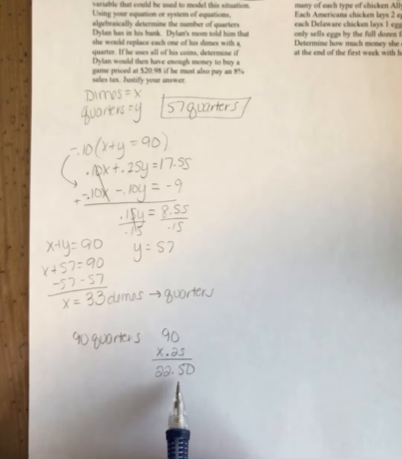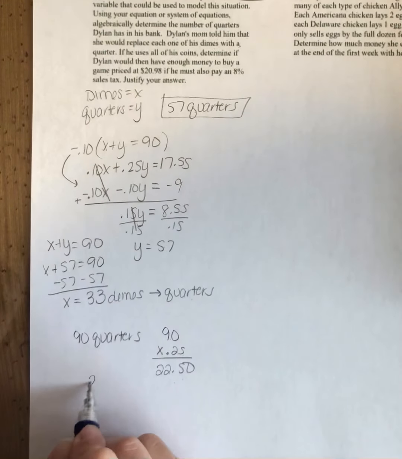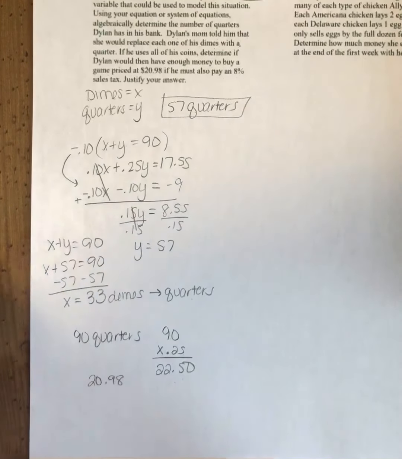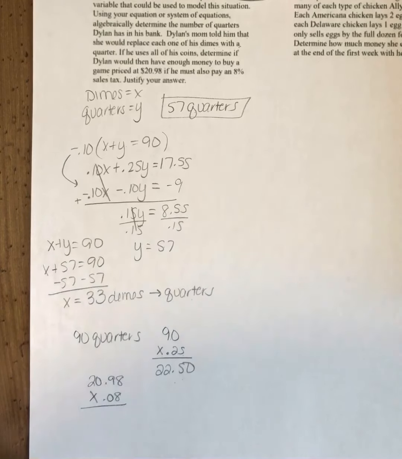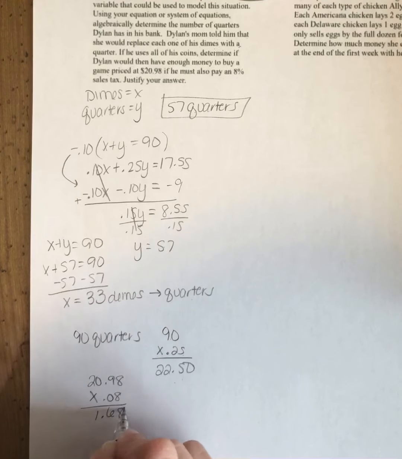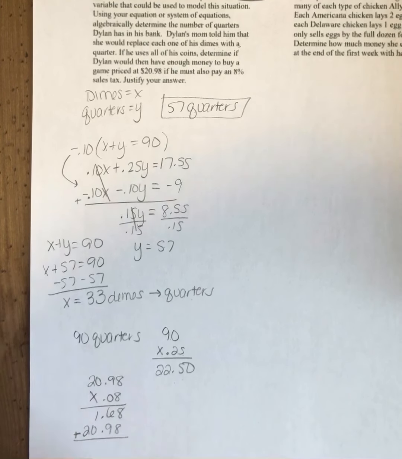So we need to see if he has enough money. Well, the game is $20.98 times 0.08 sales tax. So he's going to pay $1.68 in tax on the $20.98.